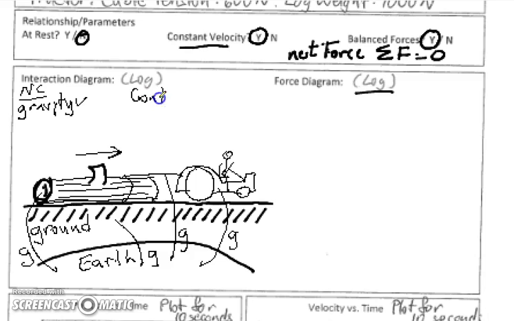Contact forces. Let's talk about normal, or pushing, between those. Certainly the log on the ground is one place we'll see a normal force. Our tractor pushes on the ground, and the ground pushes on it.